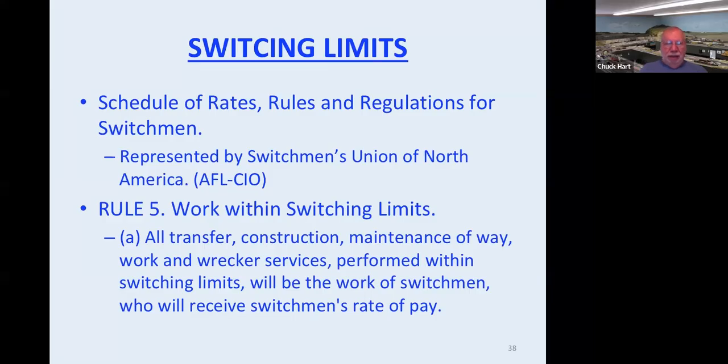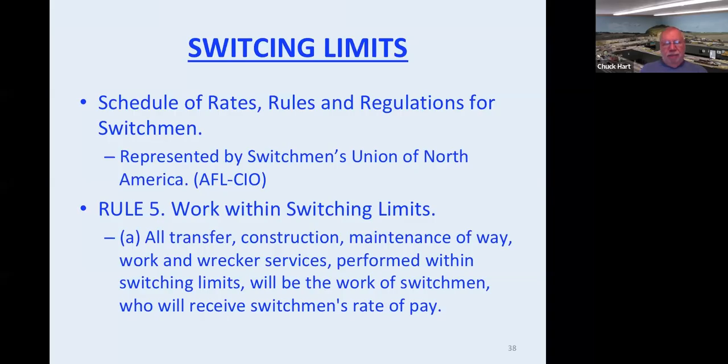So when you look at rule 5, and this is not a rule 5 in the general code of operating rules, this is rule 5 in the switching limits union agreement, it says all transfer, construction, maintenance, away worker, wrecker service performed within switching limits will be the work of switchmen who will receive switchman's rate of pay.